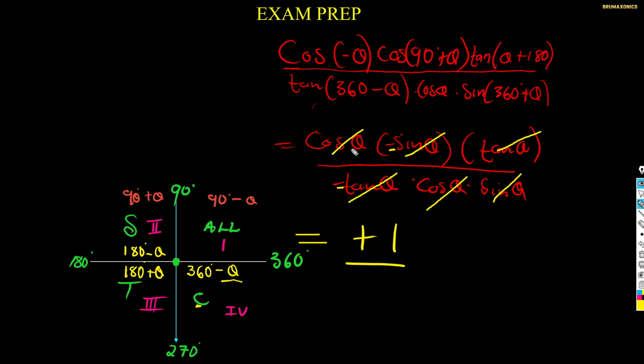Because in grade 12 they do expect you to know the CAST diagram by heart, and how the angles cause the tan, the sin, and also the cos to change at 90 degrees. So now I'll continue to another question.